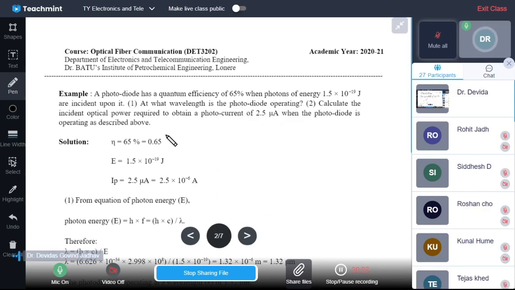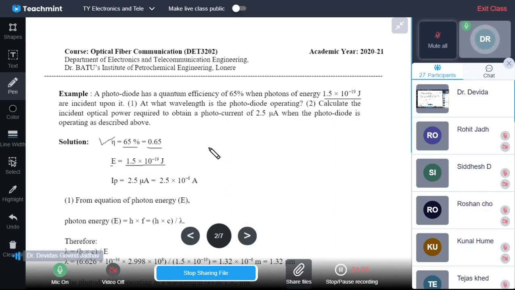In the solution of this numerical, first write all the data given. The photodiode has quantum efficiency 0.65 or 65%, so quantum efficiency eta is 0.65. The photon energy is given as E equal to 1.5 into 10 raised to minus 19 joule.